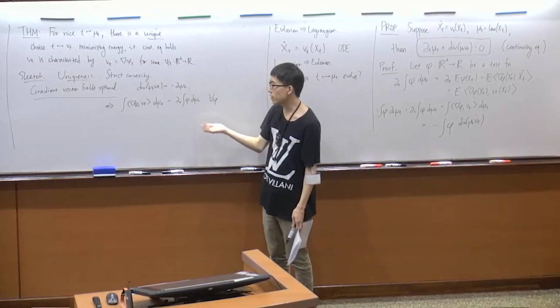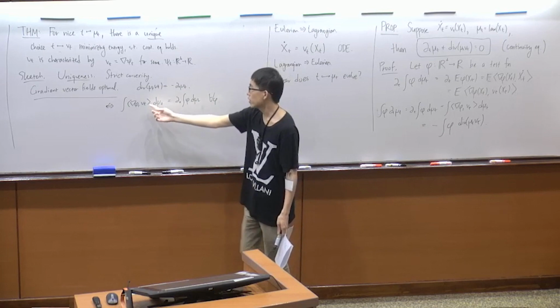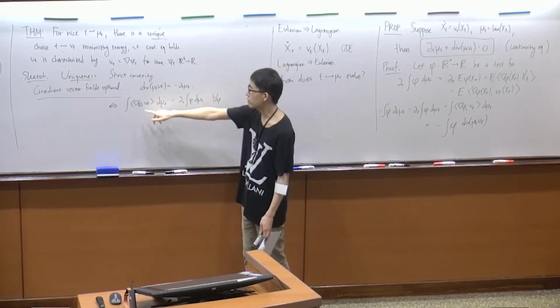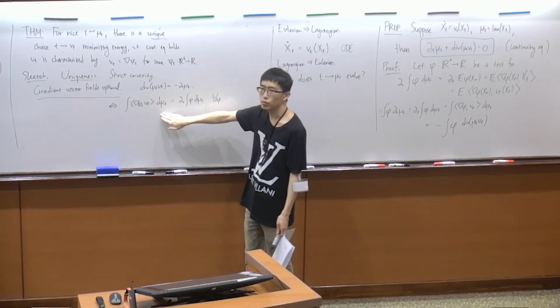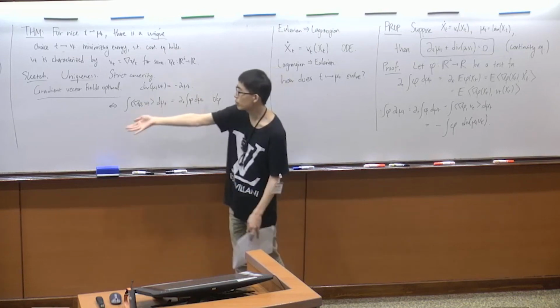In other words, if I'm given any Vt that satisfies these constraints, and I orthogonally project Vt onto the space of gradients with respect to the mu t norm, I will just get another vector field that satisfies the same constraints but has smaller norm.